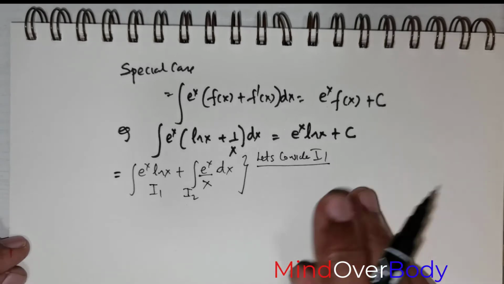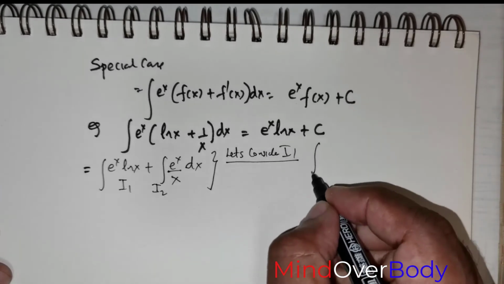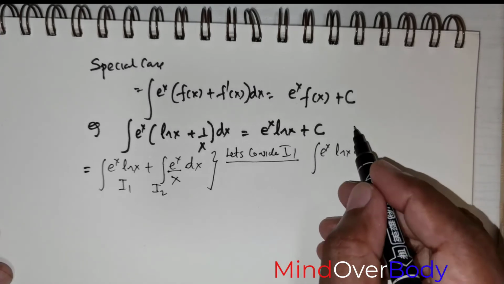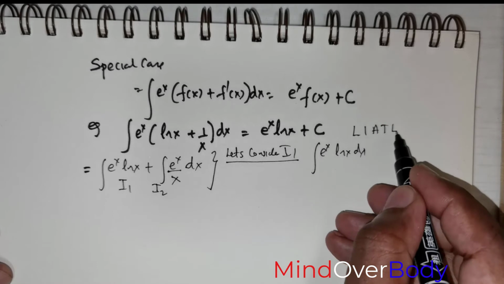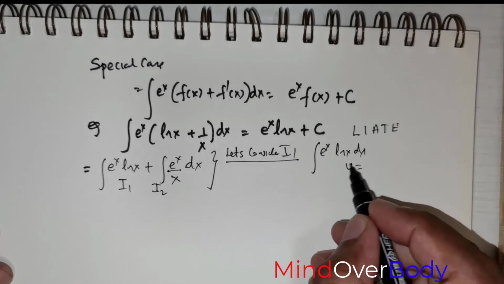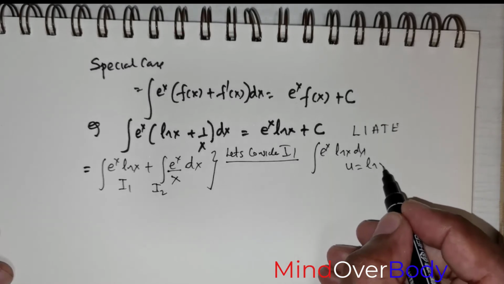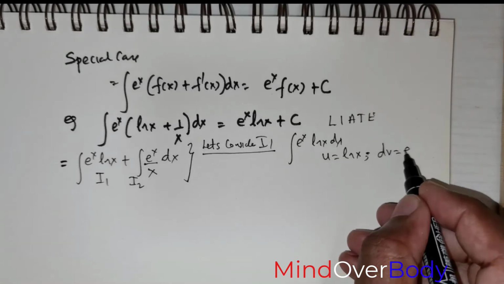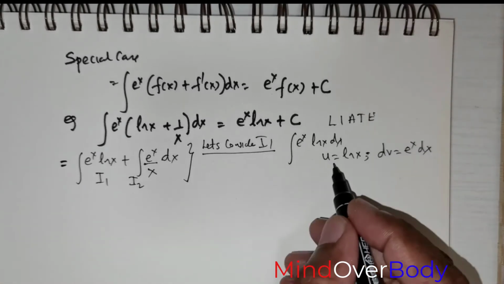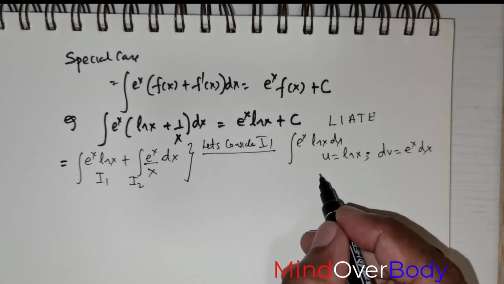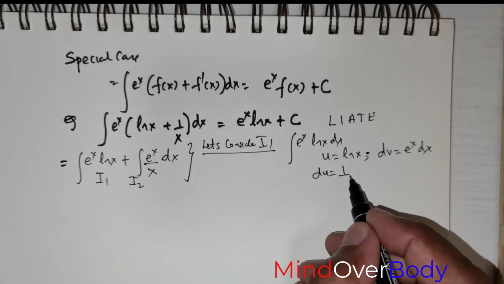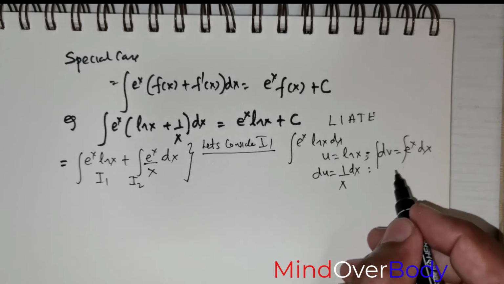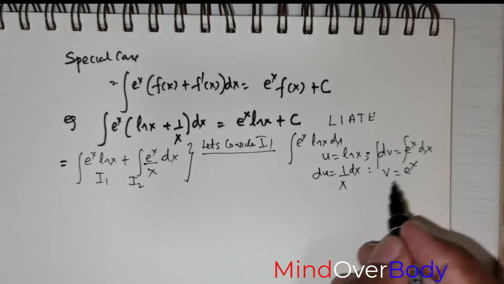So what have we got in I1? In I1 we've got e raised to the power of x times ln x times dx. Now if I were to apply the ILATE rule, my u is going to be ln x and my dv is going to be e raised to the power of x times dx. The differential of u would give me du, which is going to be 1 over x times dx, and integrating this would give me v equal to e raised to the power of x.